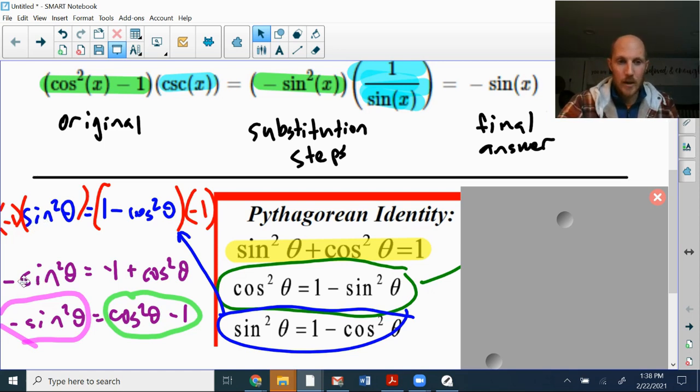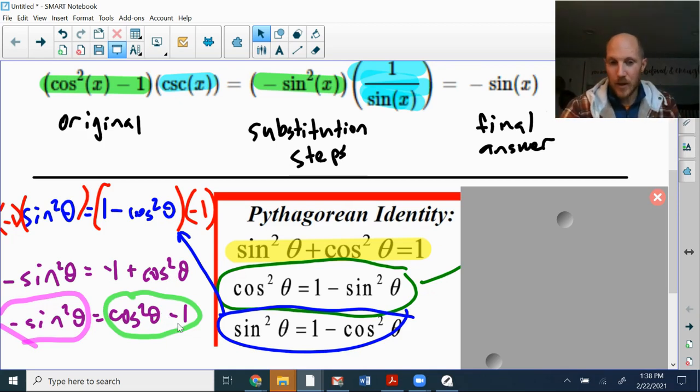And so when I do that, I got negative sine squared of theta on the one side and negative 1 plus cosine squared of theta. And then since this is now an addition, you can switch the order of the two numbers you're adding, and that's still equivalent. So I just wrote it in the opposite order. I put cosine squared of theta first, and then plus negative 1.